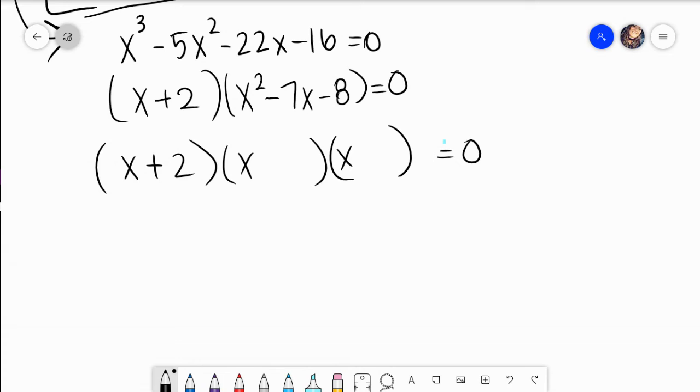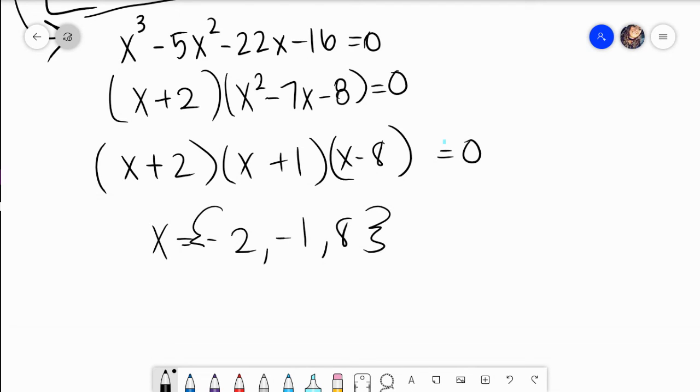Now I have an x here. I know 1 and 8 give me 7. I know a negative 8 and a positive 1 would give me 7. And I know 1 times 8 is 8, and that it would be a negative 8. Set those equal to 0. What you would get is x equals negative 2, negative 1, and a positive 8. That would be my solution set.